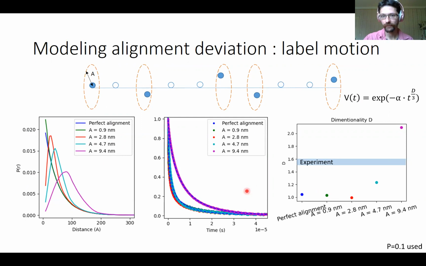Here we extracted the D from fitting those data, and you see that past a certain deviation from this line, you start increasing D. According to those numbers, if we want to reach the experimental D, and explain it only by this deviation, then you will have an amplitude of motion of about, let's say, 7 nanometers, which is still big, but at this point we're mostly qualitative.